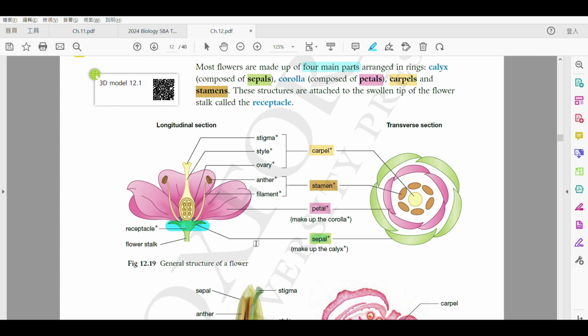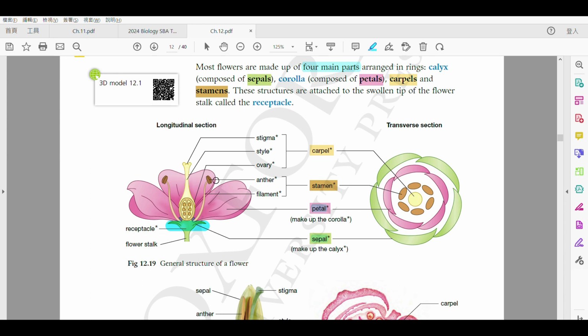And then, what's so special about the flower all the time? They have bright, beautiful colors. And the colors come from the petal. Petal is the flower petal. Then inside, you will see the male reproductive system and the female reproductive system.